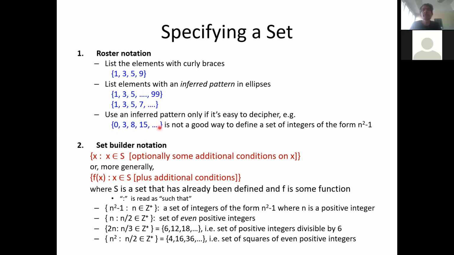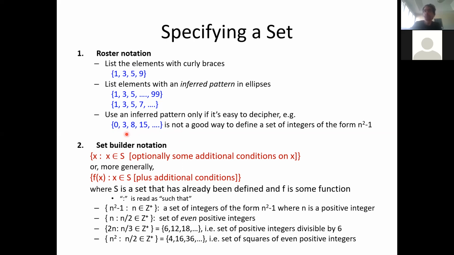For example, here is a case where there is a pattern, right? But it might not be so easy to infer. In particular, I was thinking of any integer that looks like a square minus 1. Like 4 minus 1, 9 minus 1, and 16 minus 1, etc. But that pattern might not be obvious.